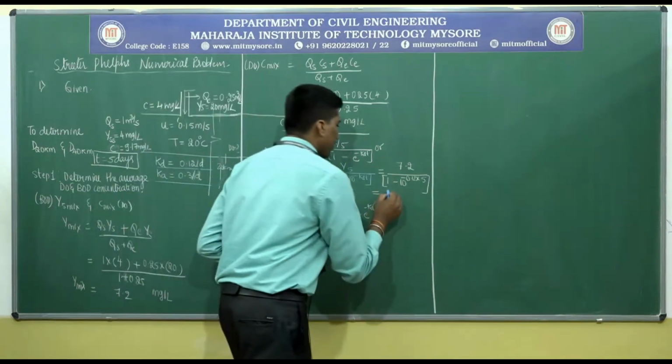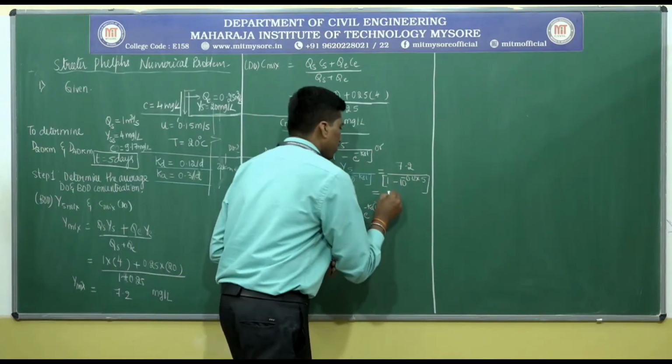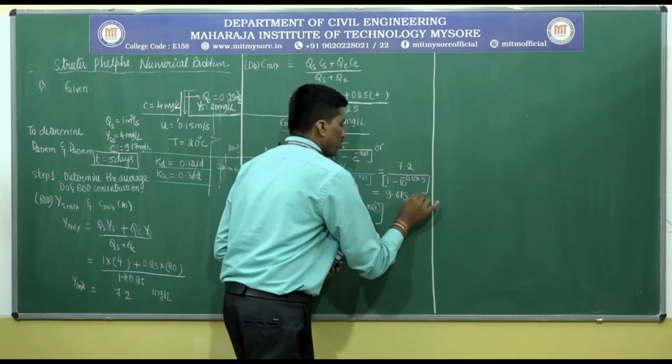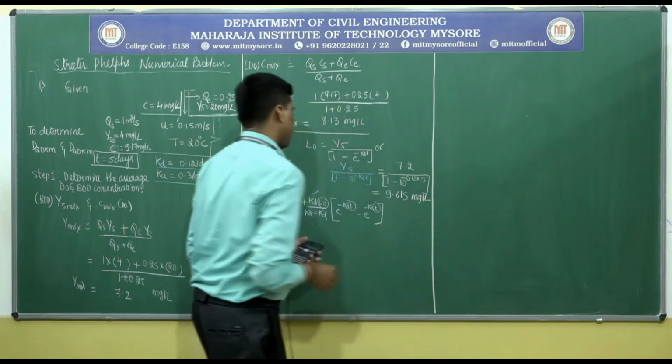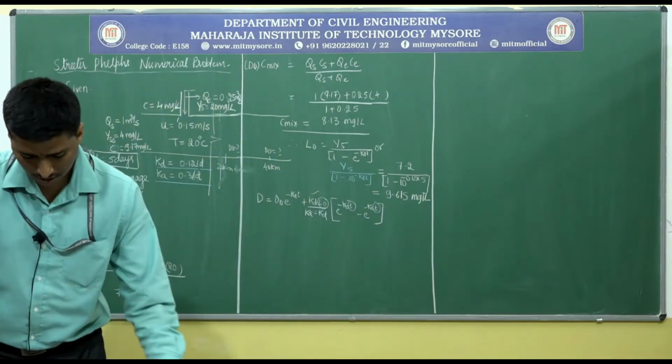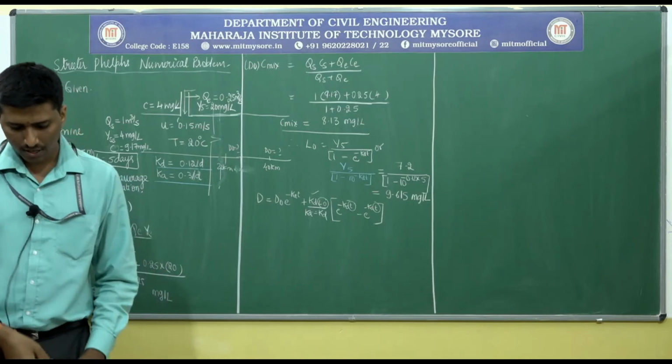How much? Let us calculate it. So you are going to get 9.615 mg per liter. Okay.